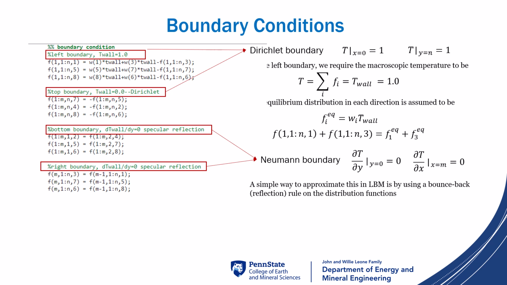These reflections ensure that there is no net energy transfer across the boundary, which enforces the zero flux condition. By carefully designing these boundary interactions using the Dirichlet reconstruction for fixed temperatures and reflection for insulated walls, we preserve both physical realism and numerical stability throughout the simulation.